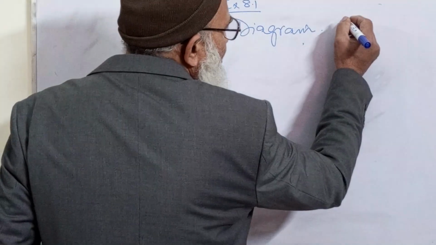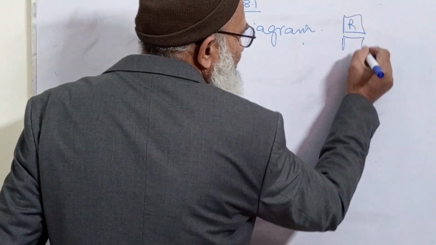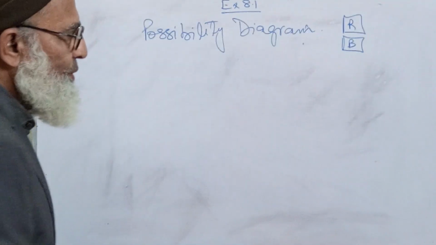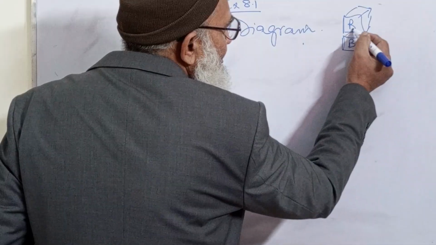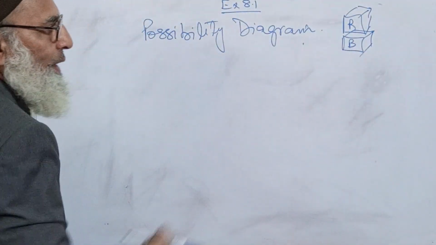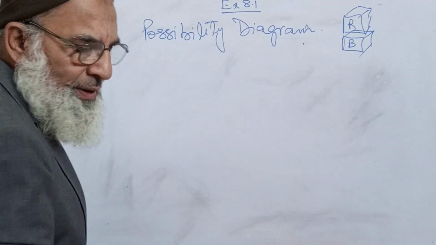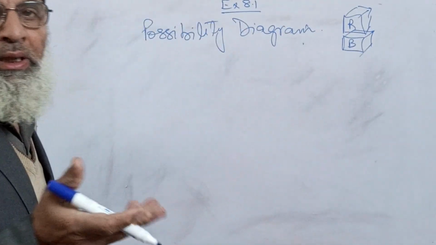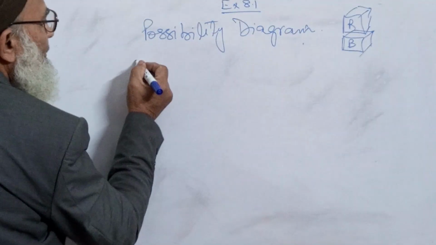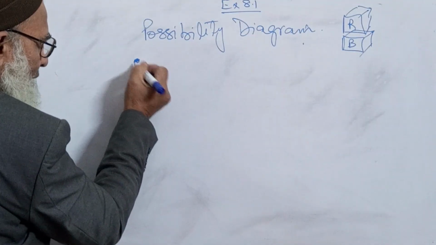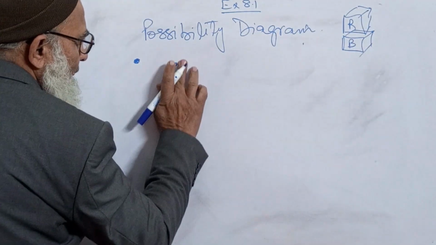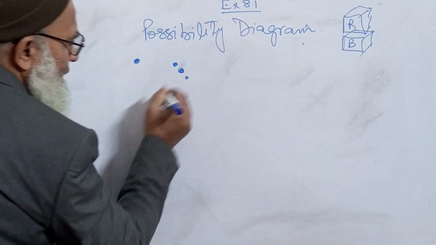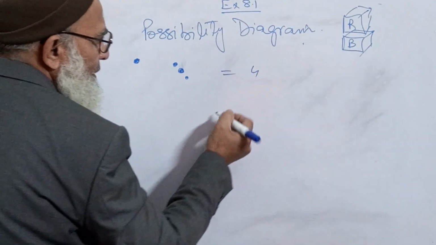Now there are two dice, one is red and the other is blue. If you roll them together, obviously, suppose there is one dot on one die and three dots on the other, one, two, three, the total is four.